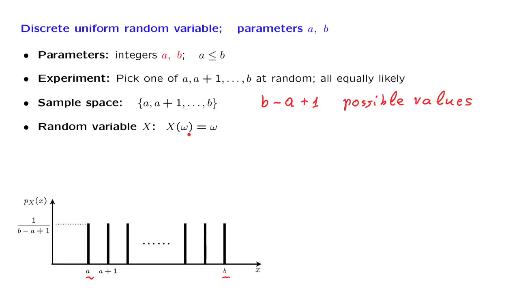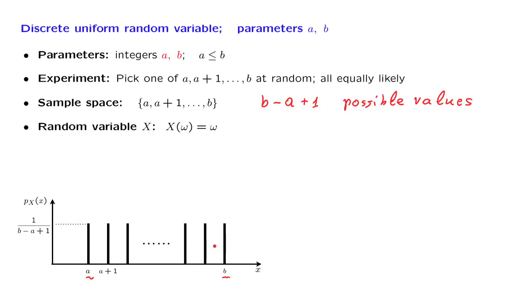They are one and the same. Now, since each one of the values is equally likely, and since we have so many possible values, the probability of any particular value is going to be 1 over b minus a plus 1. This is the choice for the probability that would make all the probabilities in the PMF sum to 1.